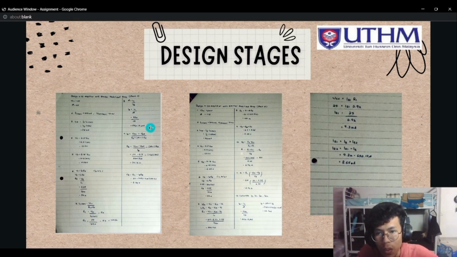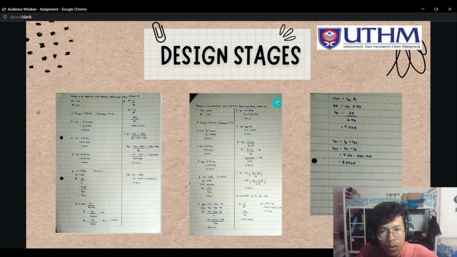And for the last question, it is to calculate RB, using the formula VCC minus VBE divided by IB plus beta plus 1 RE. From those formulas, we get RB equals 3.41 kilo ohm.